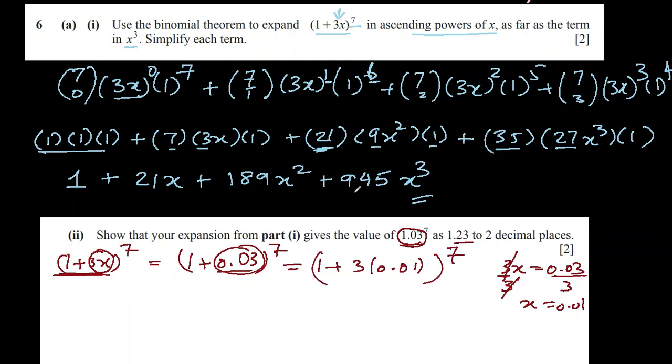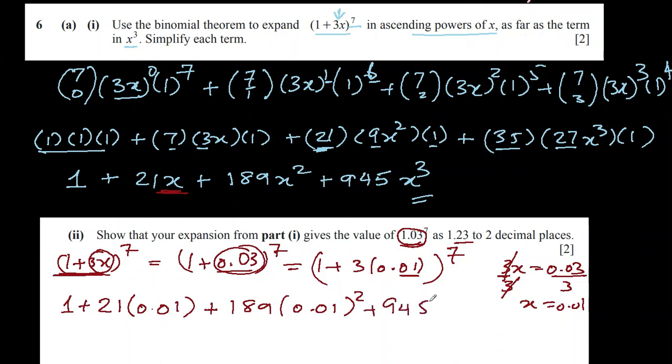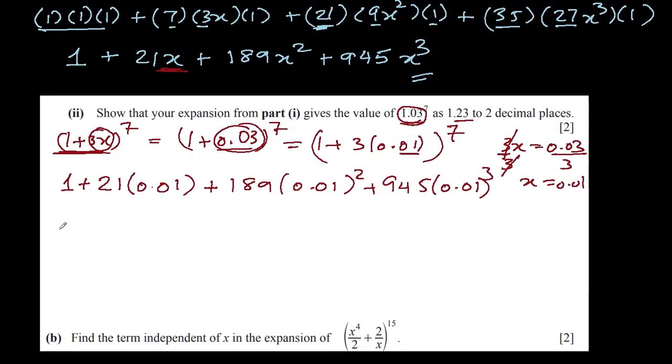So in this expansion, wherever we have x, we will replace it by 0.01, and that will give us the answer. 1 plus 21 times 0.01, plus 189 x square plus 945 x cube. Alright. So 1 plus 21 times 0.01.